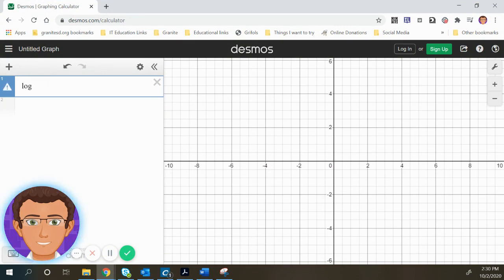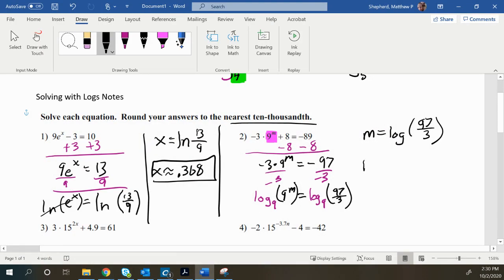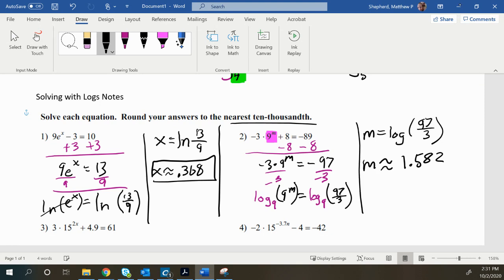Okay, so log base 9 of 97/3 is approximately 1.582.